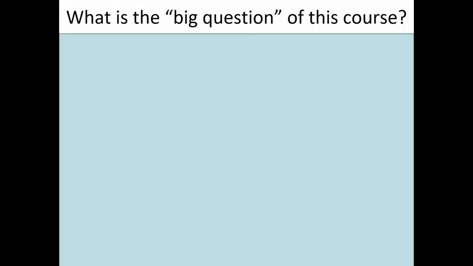Before we talk about the NRCS approach, the big question of this course: what's the thing that the hydrologist has to say to the hydraulic engineer? How much runoff, right? So how much runoff, and then also when is the runoff going to be?